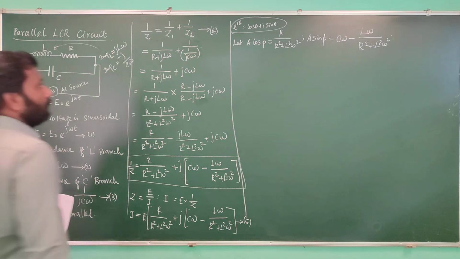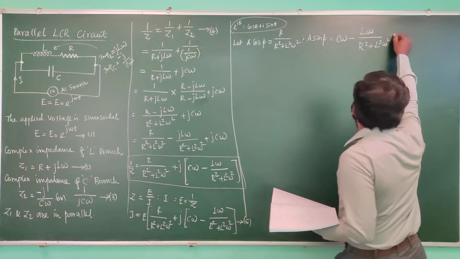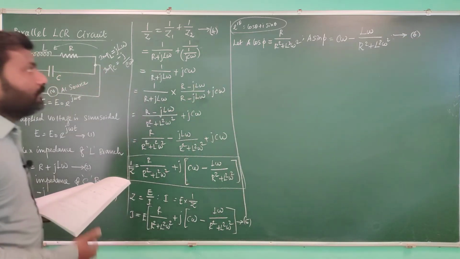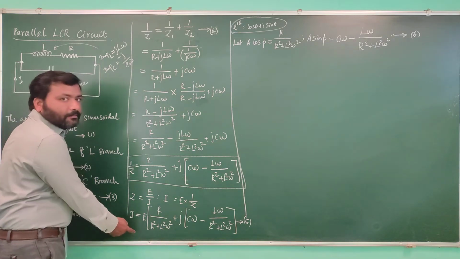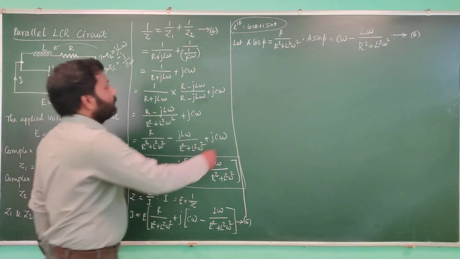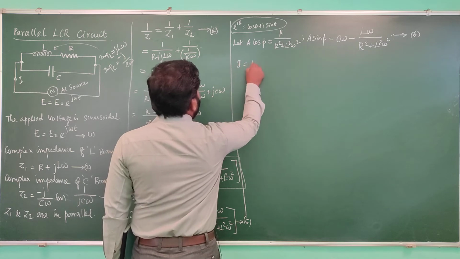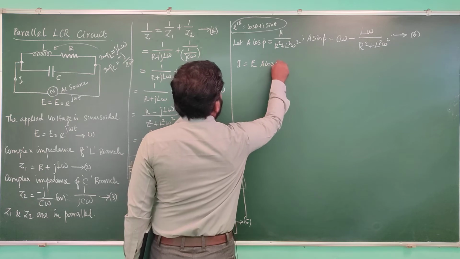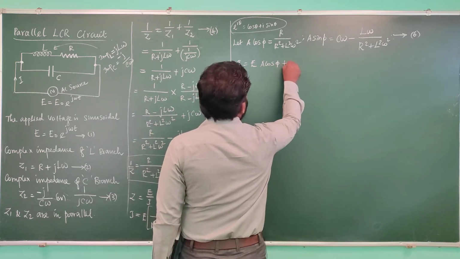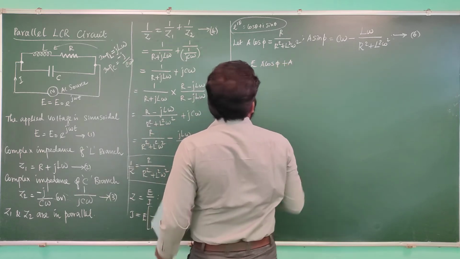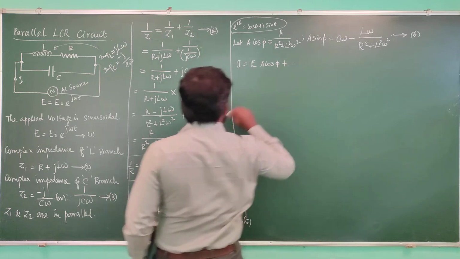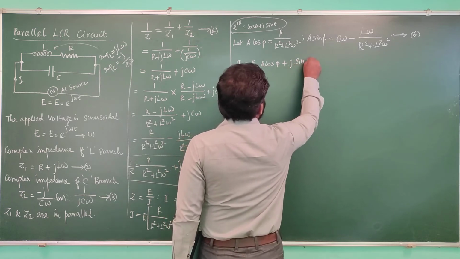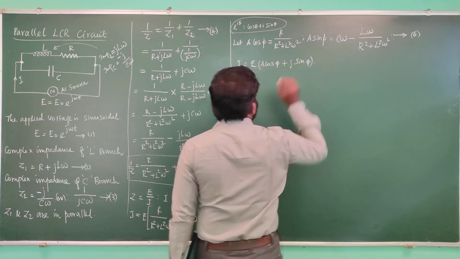Let this be equation number 6. Applying these considerations from equation number 6 to equation number 5, equation number 5 becomes E times (A cos phi plus j A sin phi).